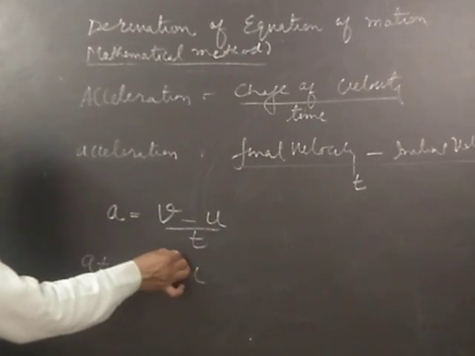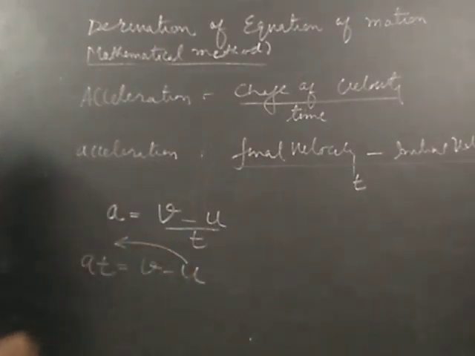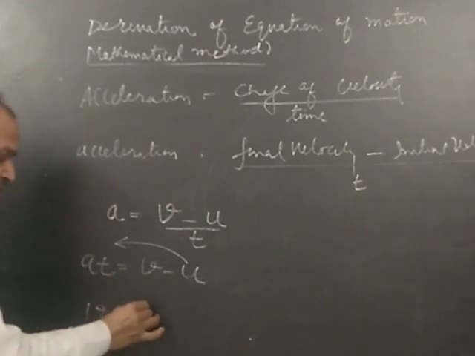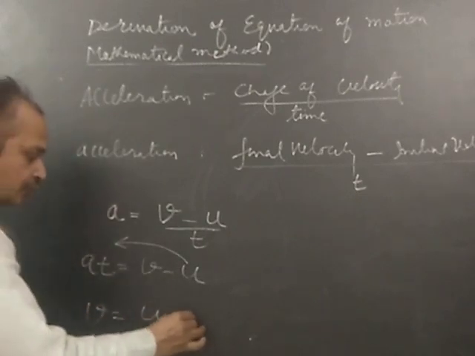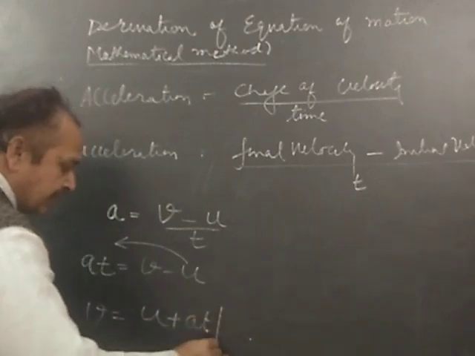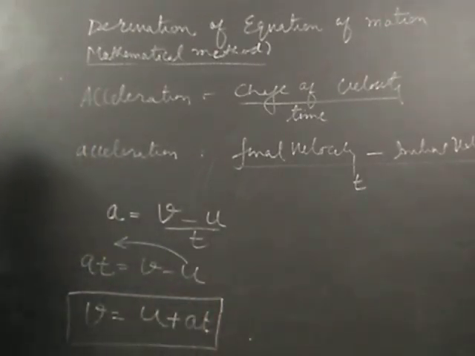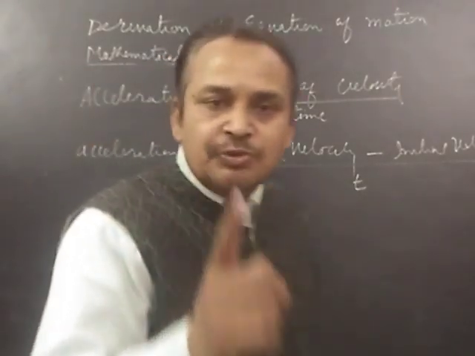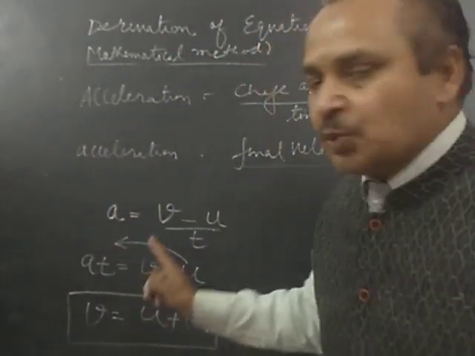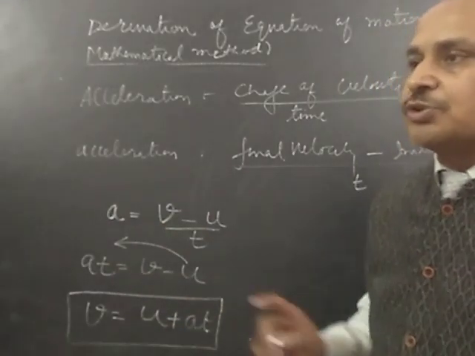Or we can bring this u to this side, and you will get v is equal to u plus at, and this is nothing but your first equation of motion.